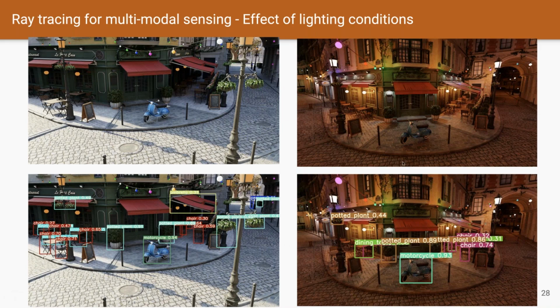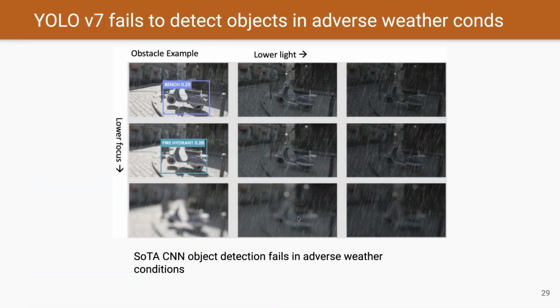But as you go from day to night, object detection becomes difficult, and the probability at which it is able to identify these objects drops. And as we go through different scenes, you can see that the object detection mechanism, which is our AI machine learning approach, might also fail for different reasons.